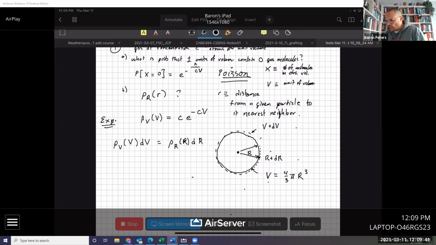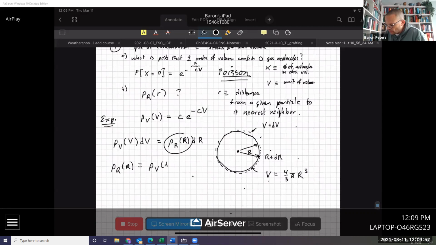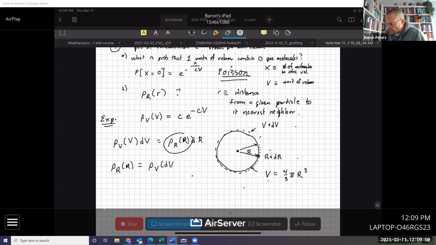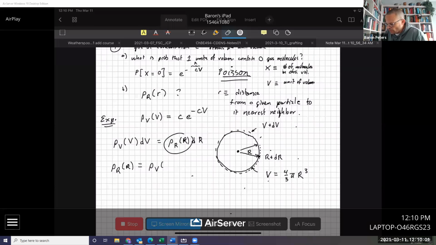So now we have a recipe for converting a distribution from one variable to another. If I wanted to solve for rho of R, I get that it must be rho of V multiplied by dV dR.